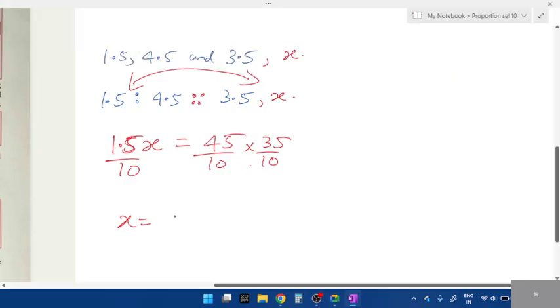Find the value of x, students. Shift 10 to the other side. Find x.